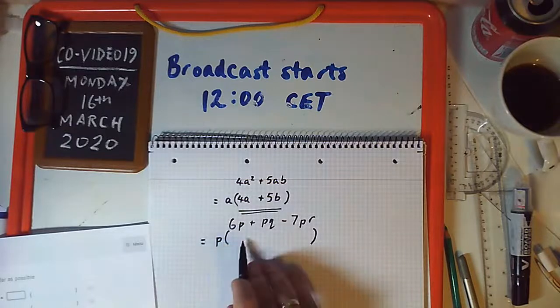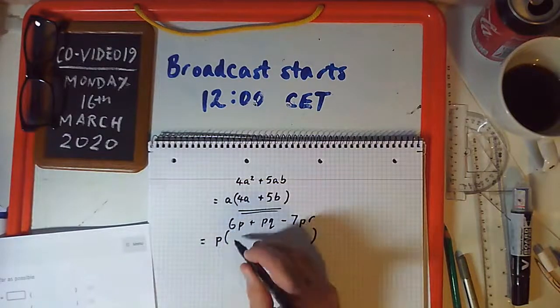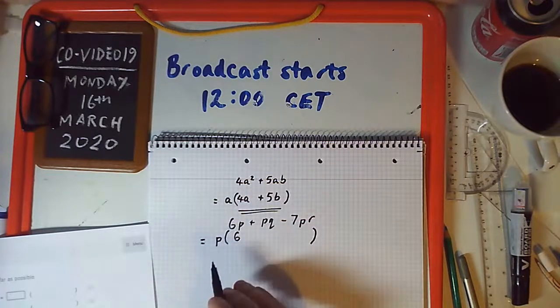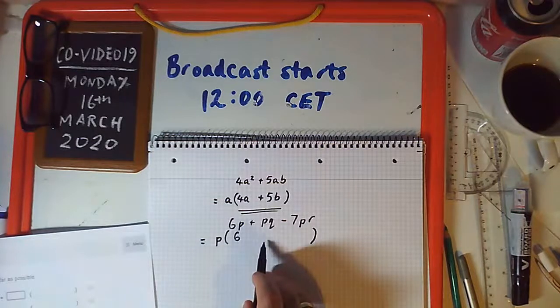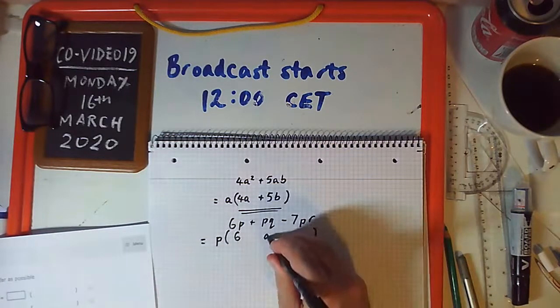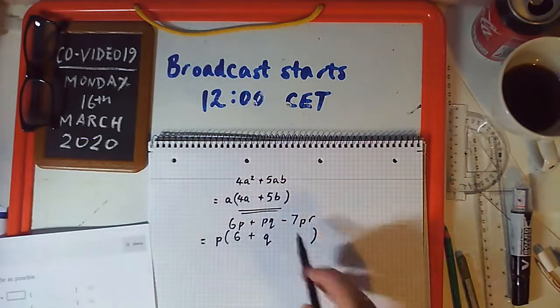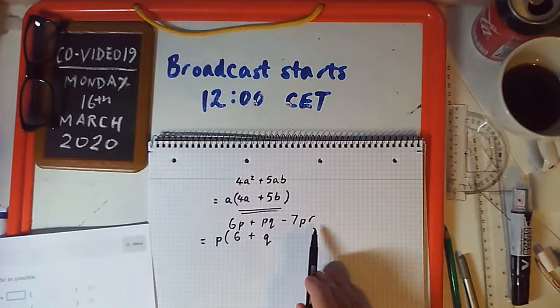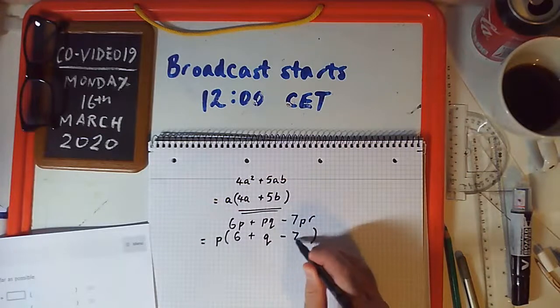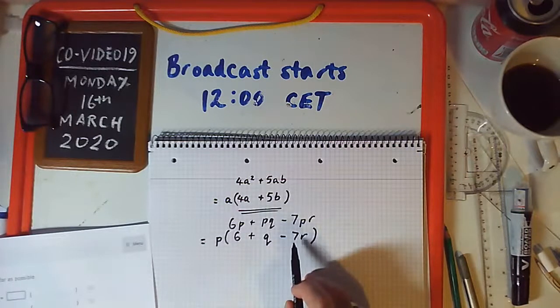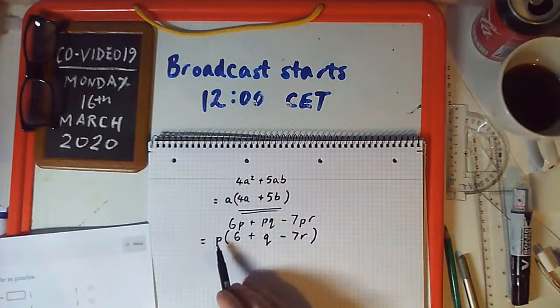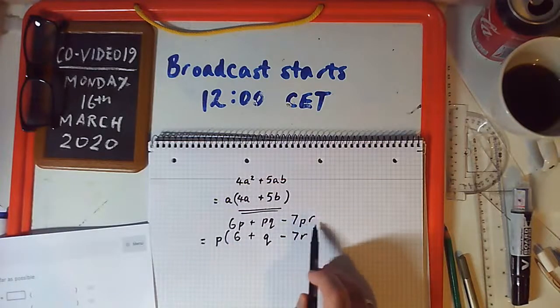So P times what will give you 6P? Answer 6. P times what will give you PQ? Answer Q. P times what will give you minus 7PR? Answer minus 7R. Minus 7R times P will give you minus 7PR.